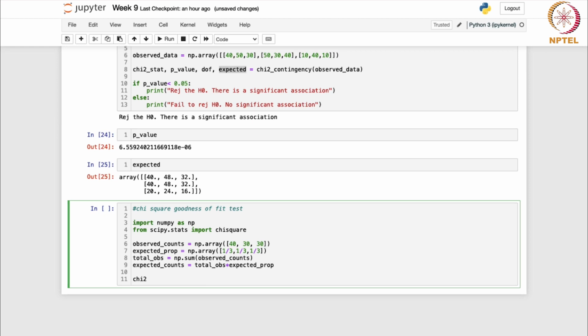So chi2 stat and the p-value. So here we will use this chi-square function, with f_obs, these would be the observed counts, and your f_exp would be the expected counts.